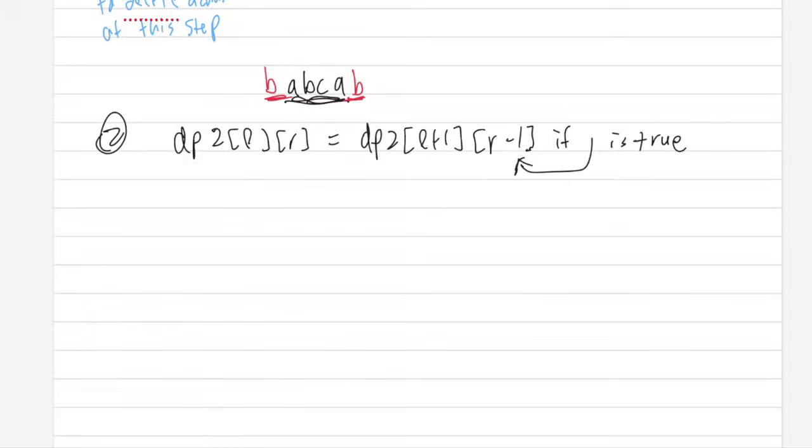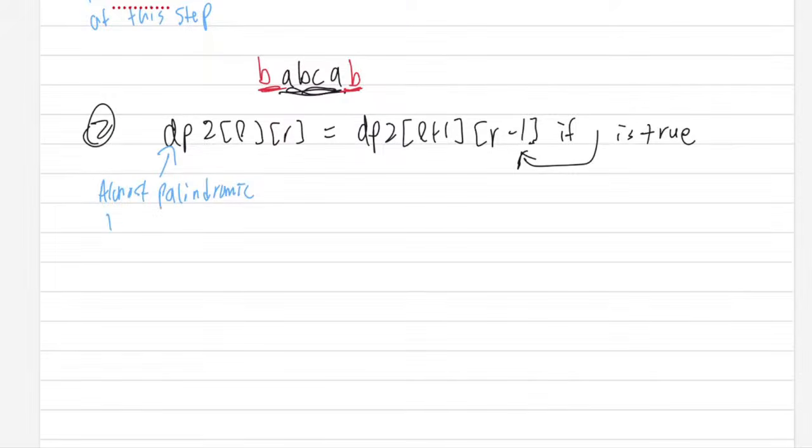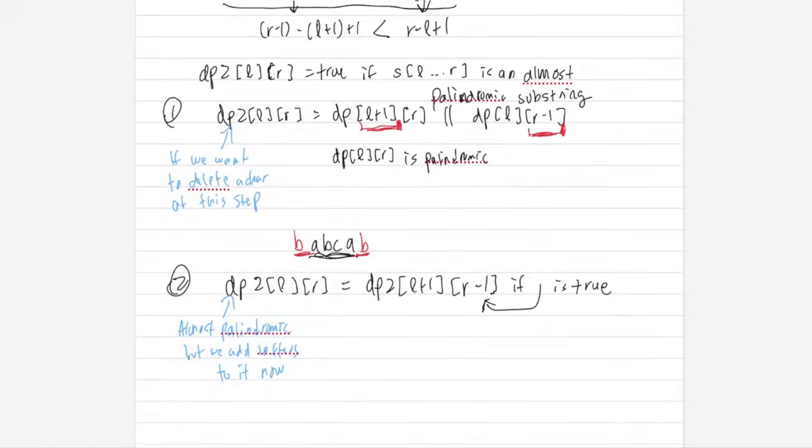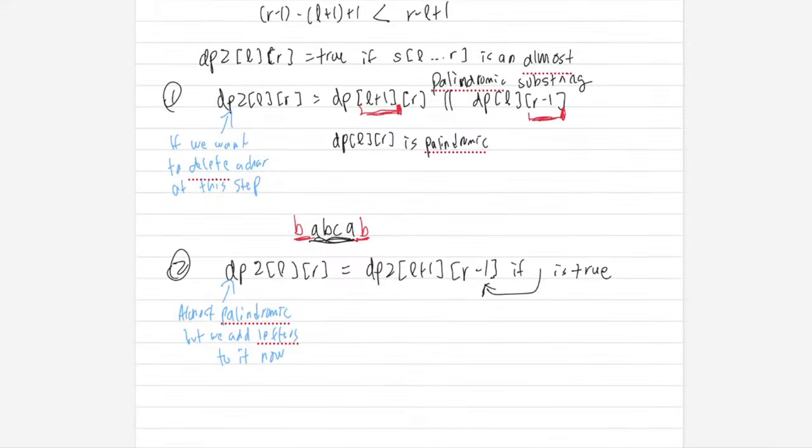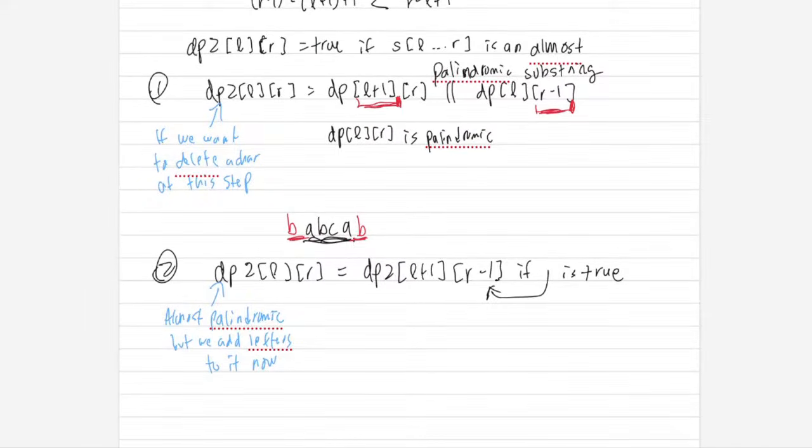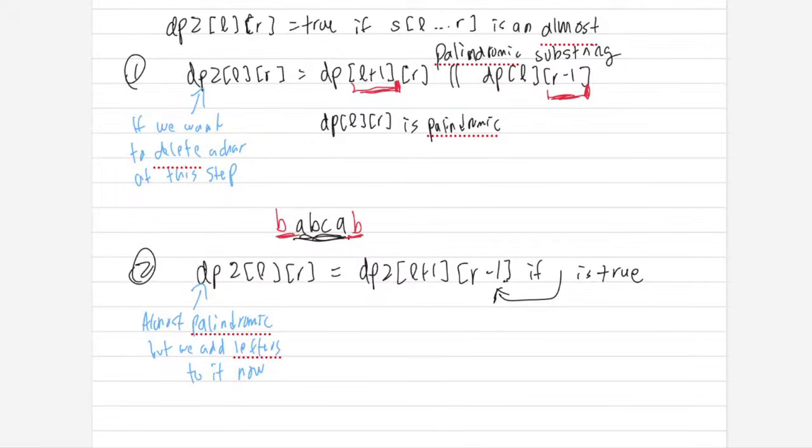So this is if it's almost palindromic, but we add letters to it now. So for DP2 L and R, these are the two cases you have to consider. We're either deleting a letter at this step, or we're not deleting a letter at this step.